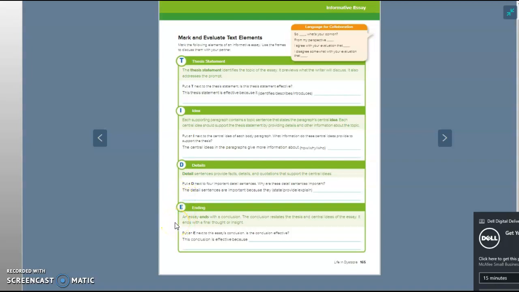An essay ends with a conclusion. The conclusion restates the thesis and central ideas of the essay. It ends with a final thought or insight. So put an E next to this essay's conclusion. Is the conclusion effective? This conclusion is effective because blank. So you guys will go through and do this.